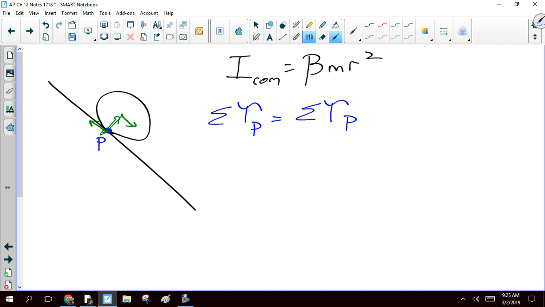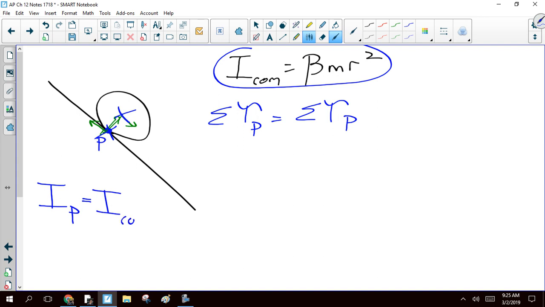All right? But before we can do anything, the problem is, this is the rotational inertia about the center of mass. We need to know the rotational inertia about point P. So you've got to use the parallel axis theorem, which is no big deal though, because check it out. Rotational inertia about point P is the rotational inertia about the center of mass plus mh squared. Remember that? Parallel axis theorem.